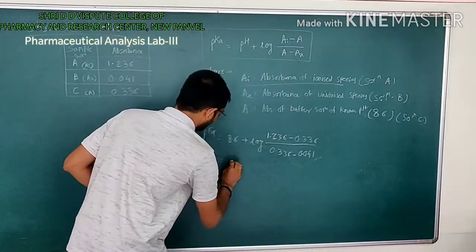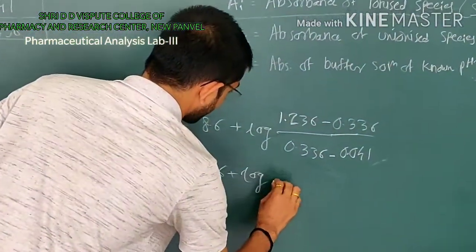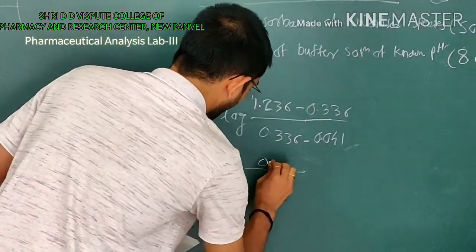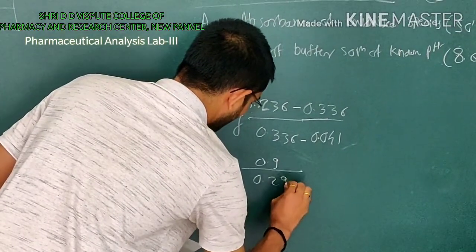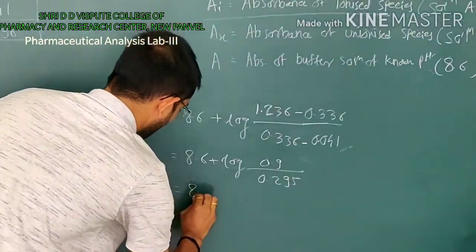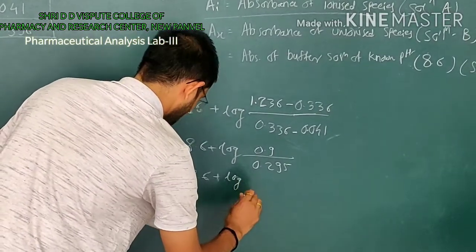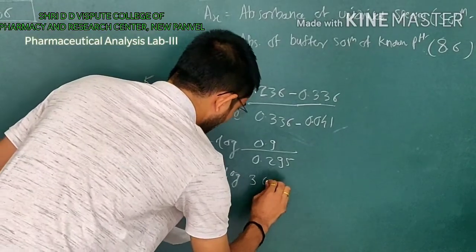So calculate this: 8.6 plus log of 0.9 upon 0.295, which is 8.6 plus log of 3.05.